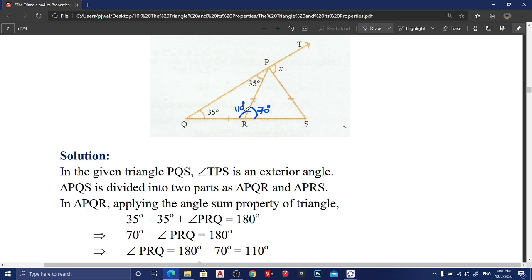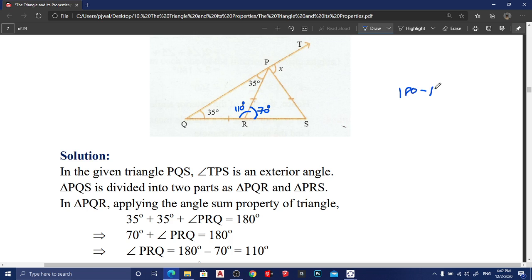Before doing this, you can also directly apply this. Why find out 110 degrees? To find out this angle. How can you find this angle? You know that this is a straight line, and it is forming a linear pair. The sum of the angles of a linear pair is 180 degrees. We can find this angle by subtracting 110 degrees from 180.